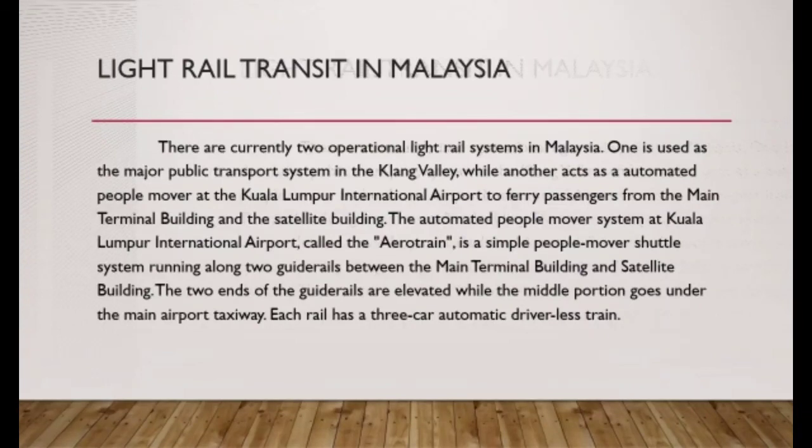The automated people mover system at Kuala Lumpur International Airport, using the Aerotrain, is a simple shuttle system running along a guideway between the main terminal building and the satellite building.